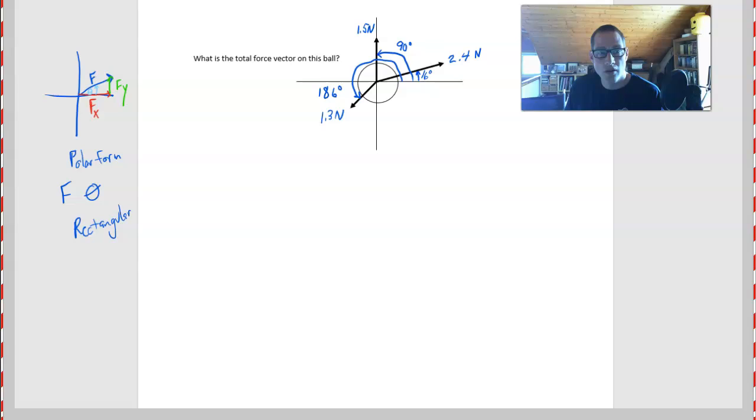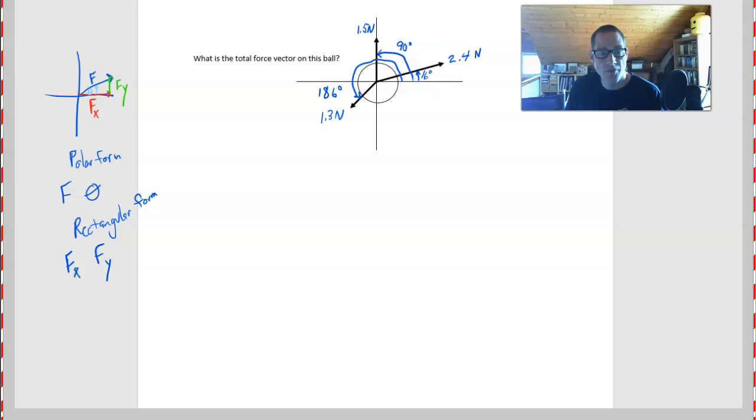But you can also write this in rectangular form. Rectangular form. F-O-R-M. Oh, I just destroyed that. Okay, let me try. Rectangular form. And in rectangular form, you have F of x and you have F of y.